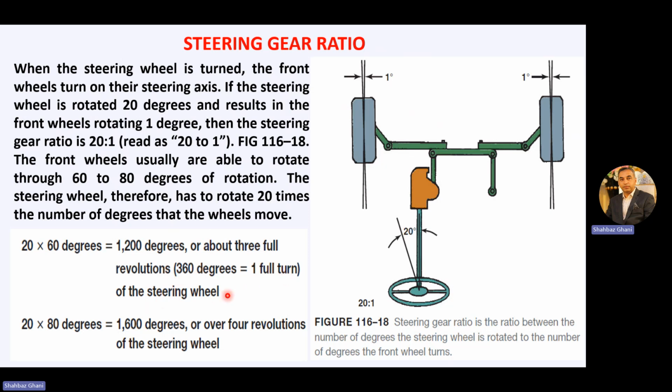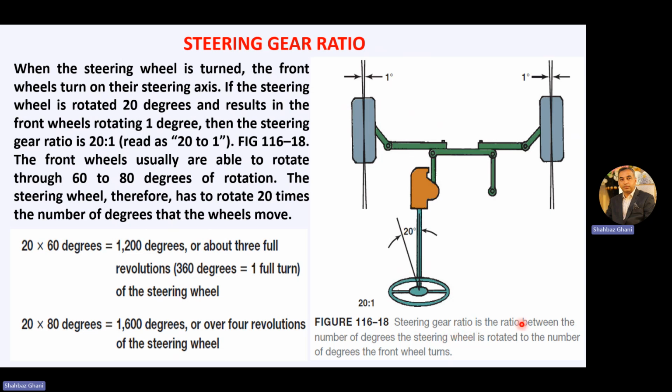So our steering wheel has to turn 3 complete turns to achieve 60 degrees of wheel rotation. Now, 20 times 80 degrees means 1600 degrees, or over 4 revolutions of the steering wheel. So our steering wheel has to turn over 4 revolutions to achieve that 80 degrees.